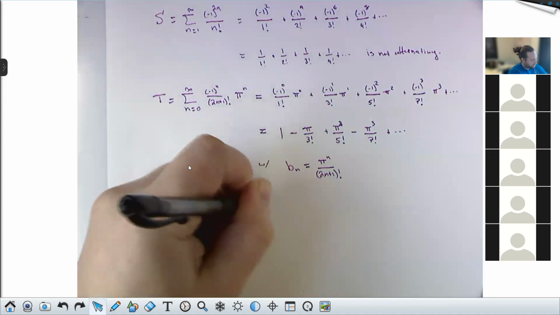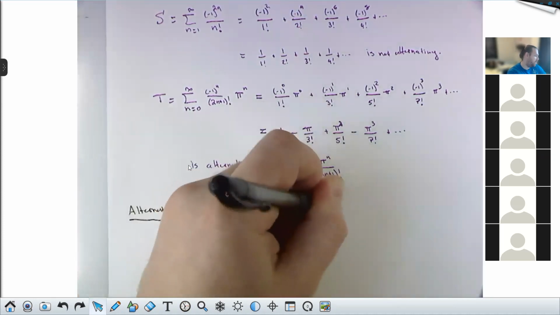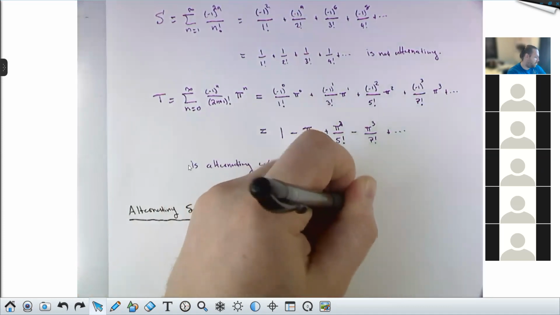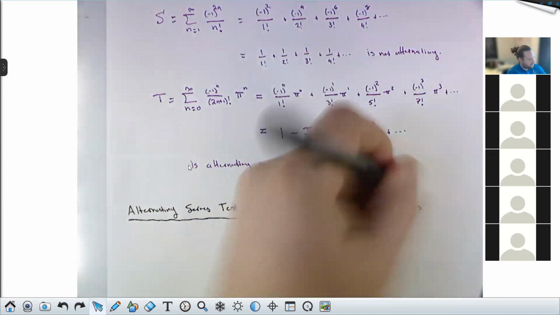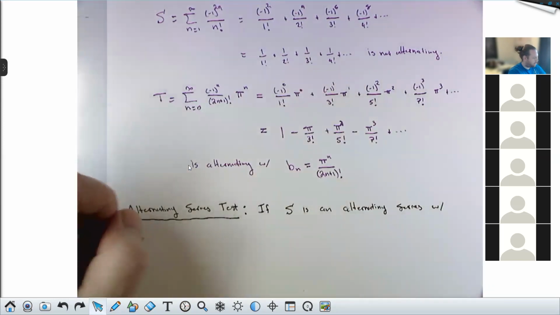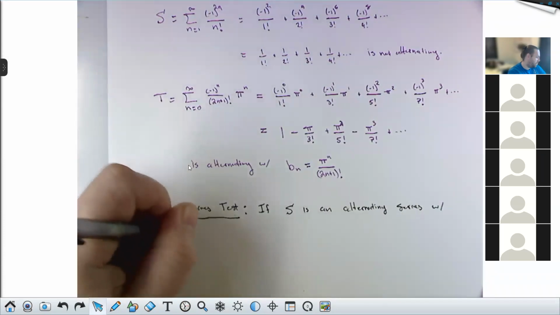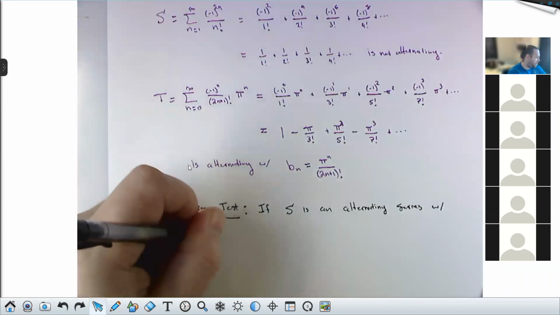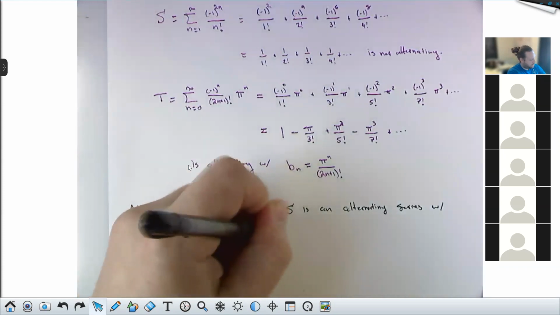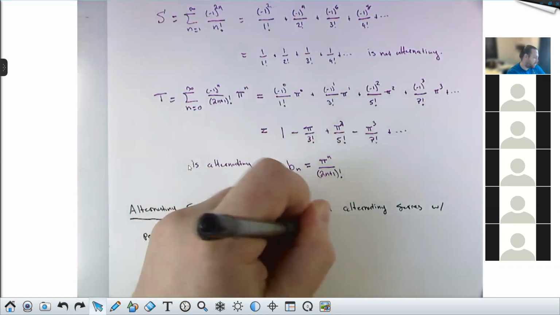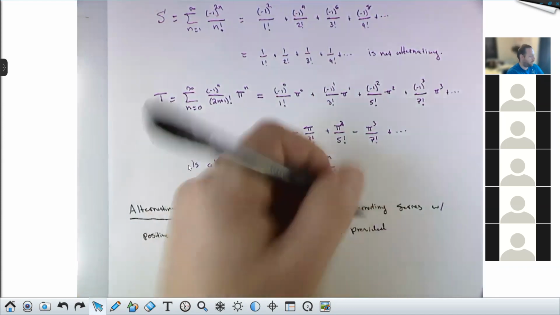This says if S is an alternating series with positive parts Bn, then S will converge provided two things are true.